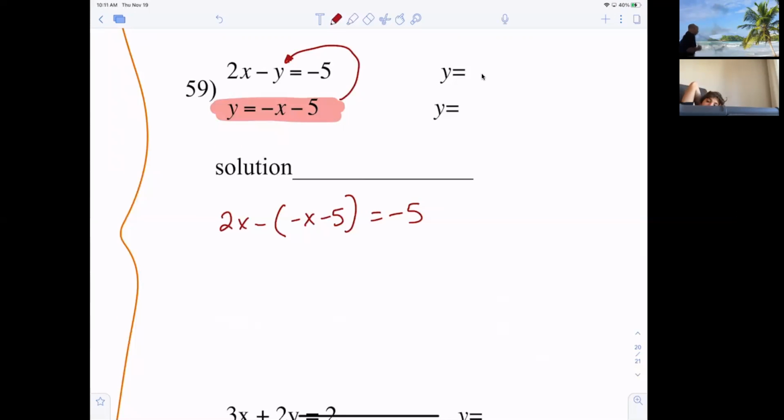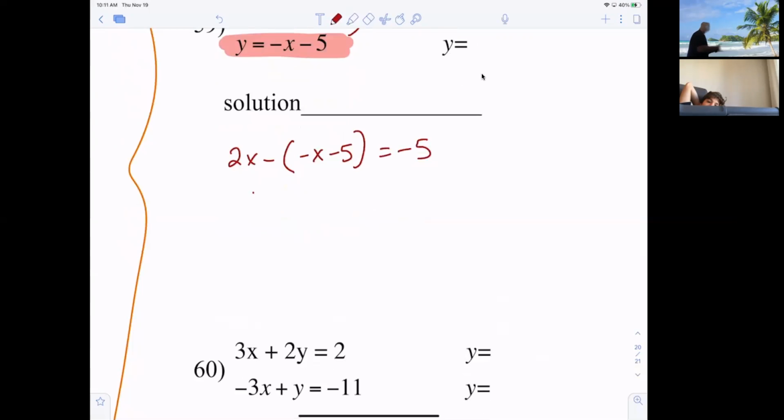So be real careful. Now when you distribute, we have 2x plus x plus 5 equals negative 5. Combining terms, 3x equals negative 10. So x equals negative 10 thirds.